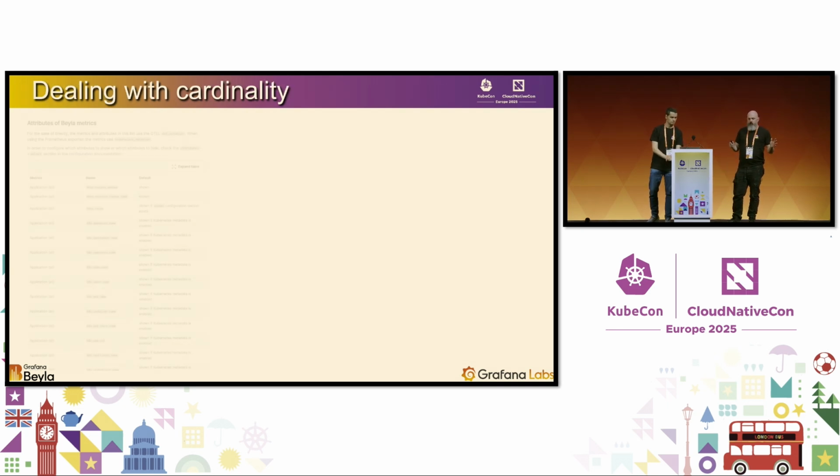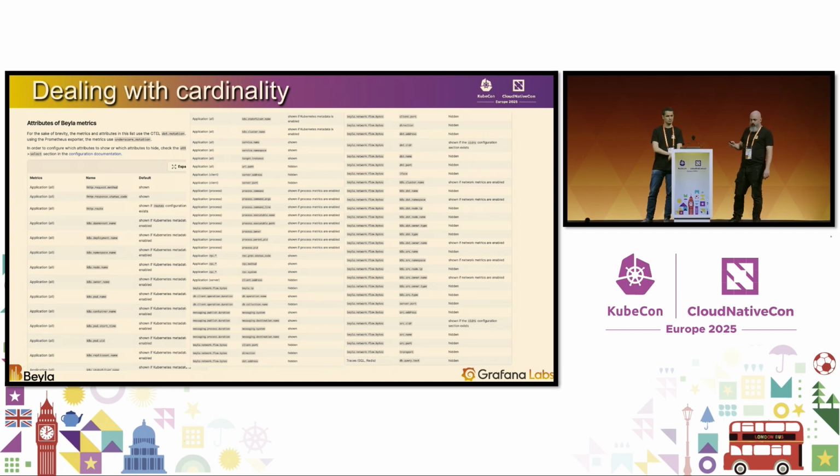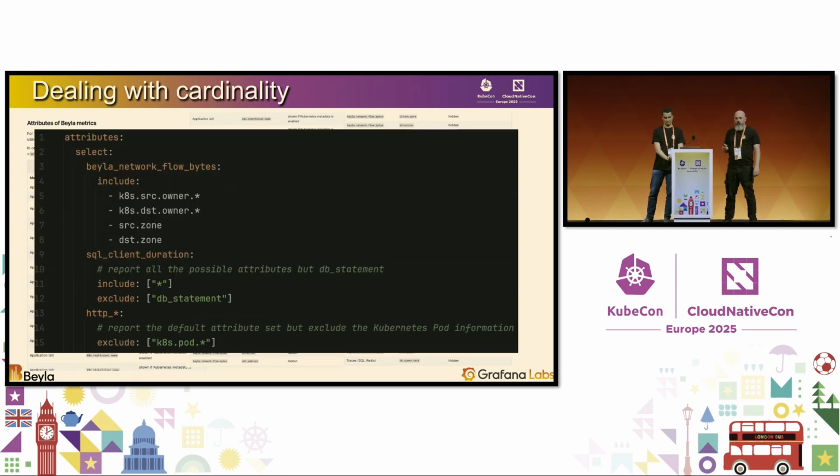This is very cool. We are getting a lot of information thanks to the network monitoring, but if you enable Beyla in your cluster, it's going to start to explode the cardinality because there are a lot of labels and a lot of metrics that we're starting to enable. But thankfully, we provide in our config a way, for a specific metric, to indicate which labels we want to include or exclude from the collection of metrics.